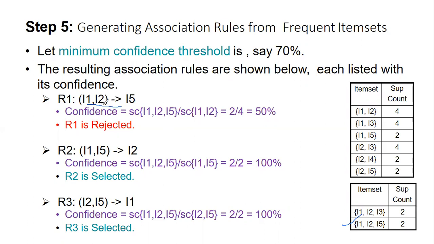What is the formula of confidence? Support of I1, I2, I5 whole divided by support of I1, I2. Is it clear?